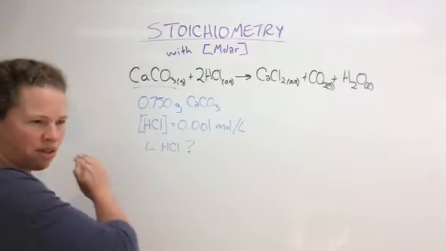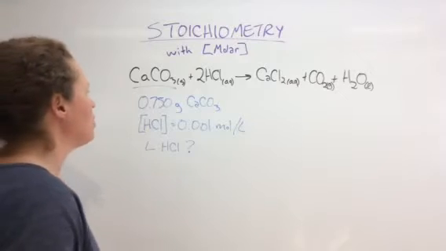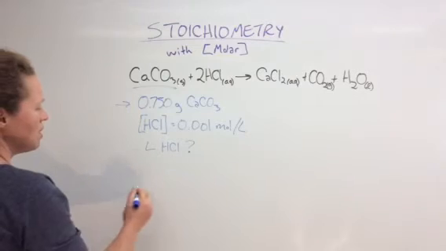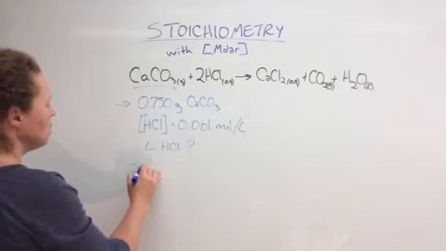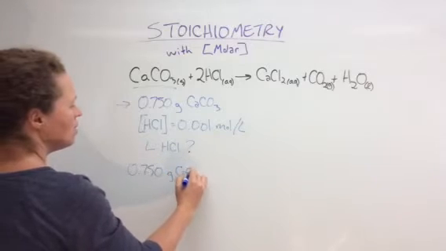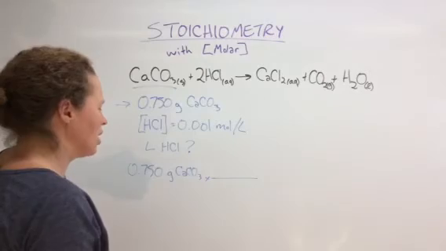They're giving you part of the main channel of the work, which is just a conversion factor. So we do the same thing that we normally would. We start with the one that they gave us that isn't a conversion factor. Set up 0.750 grams of calcium carbonate, and then we just follow along as usual.